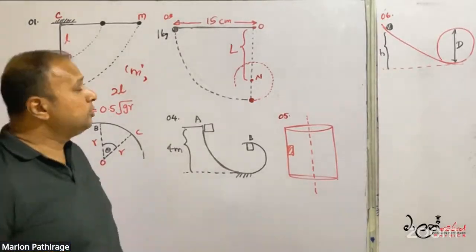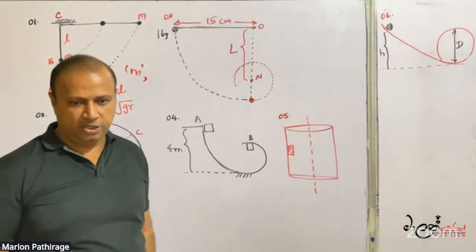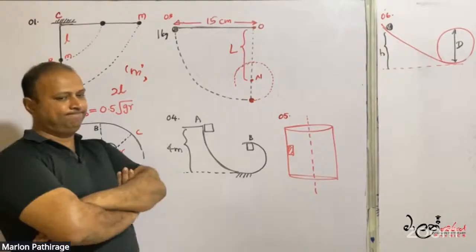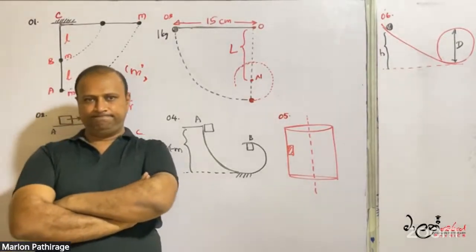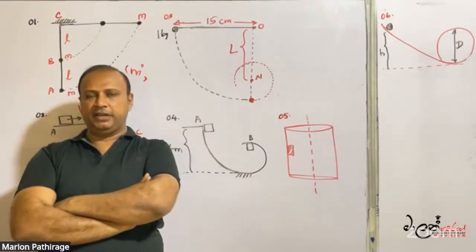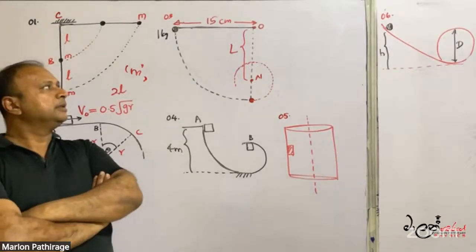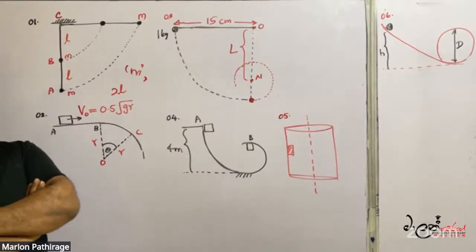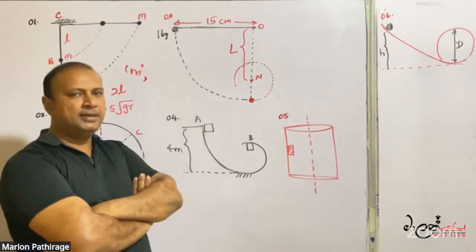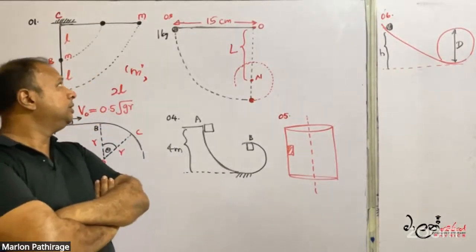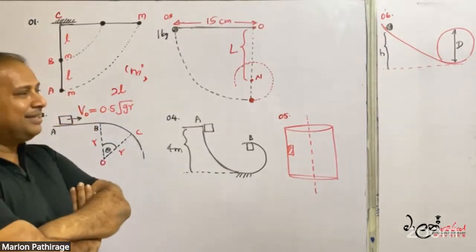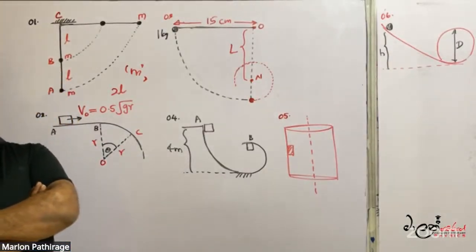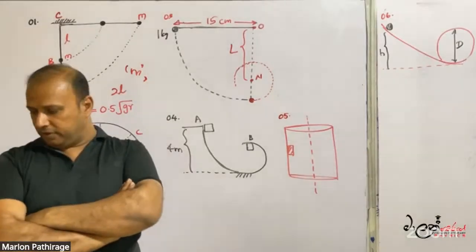A ball of mass 1 kg is tied to a string 50 centimeter long.